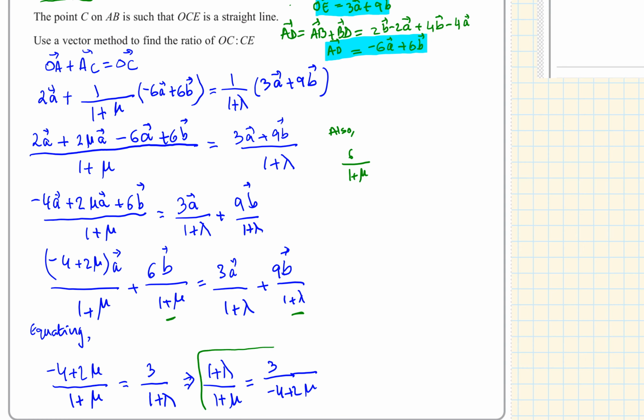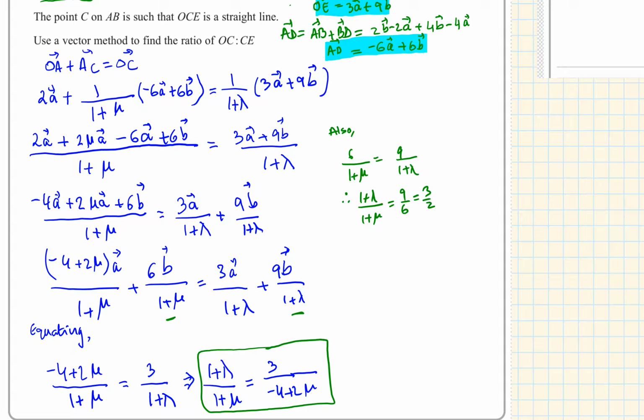I'll come back to this later. That is equal to 9 over 1 plus lambda. So therefore 1 plus lambda over 1 plus mu equals 9 over 6, and that equals 3 over 2.